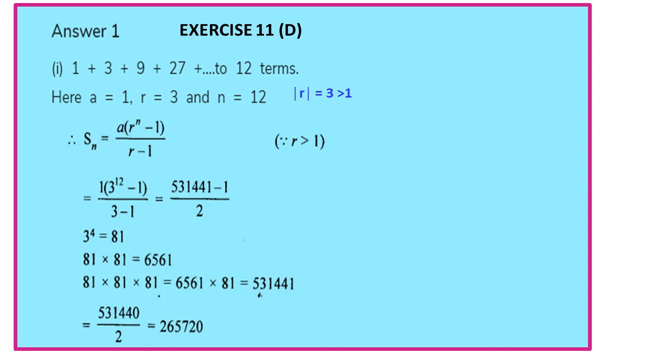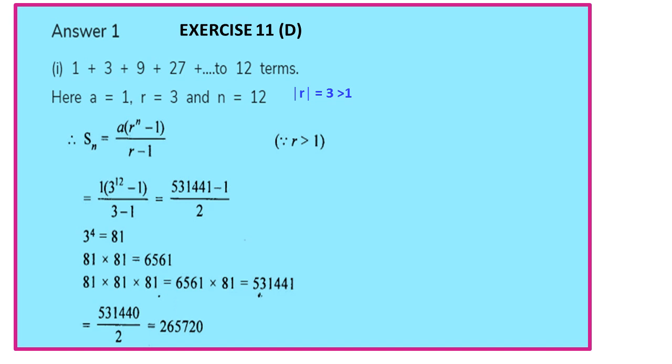That means the sum of n terms of a GP will be calculated by using the formula A into R to the power of n minus 1 by R minus 1. A is the first term, R is the common ratio, and n is the number of terms for the sum which we need to calculate in the question. Let us calculate by substituting the values A as 1, R as 3 and n as 12.